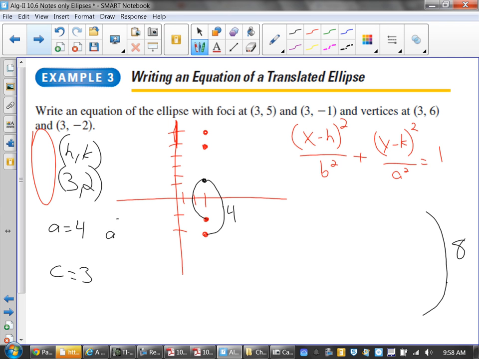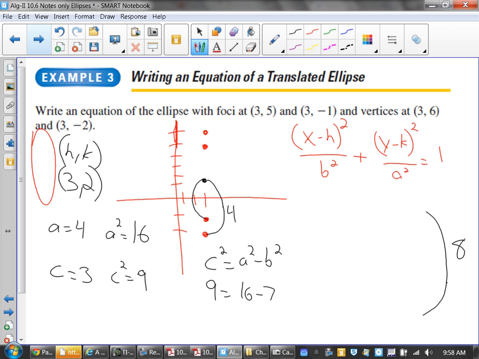So what's A squared? 16. What's C squared? How do you figure out B squared? Remember, C squared is A squared minus B squared. So 9 is 16 minus what? 7. Oh yeah, I was adding.